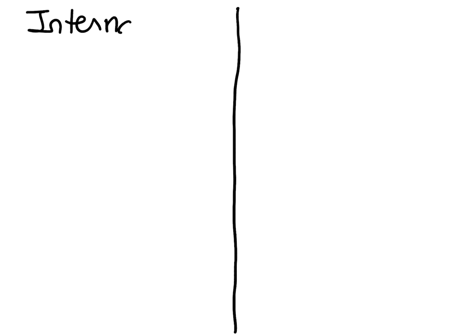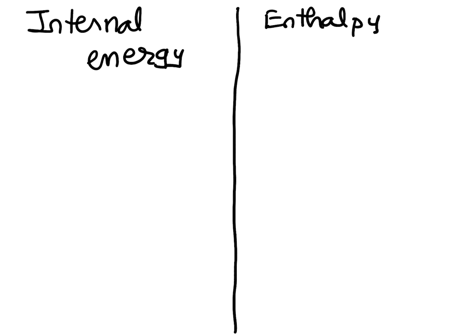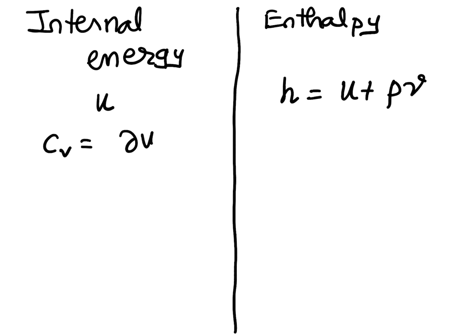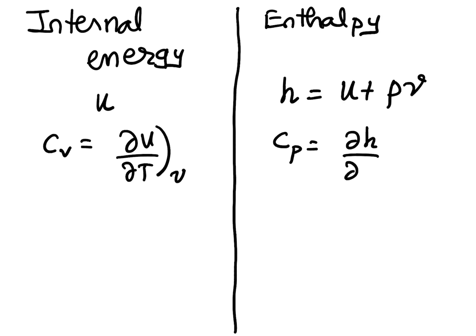Okay, so on one side, I'm going to draw internal energy, and on the other side enthalpy. So you have U and you have H. H is equal to U plus PV. Cv is dU over dT at constant volume. Cp is dH over dT at constant pressure.